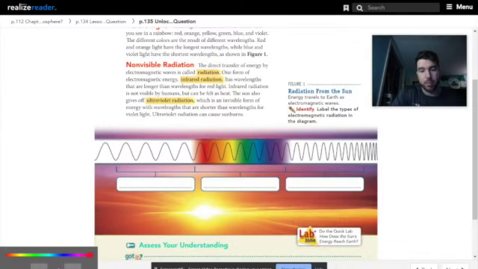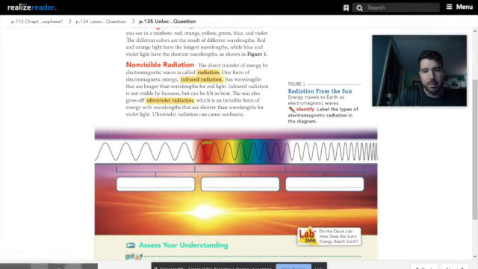We can see that the red light, and red's probably not the greatest color to use on that, we can see that the red visible light has longer wavelengths than purple visible light. So the colors in the rainbow are forms of visible radiation, but there are other forms of non-visible radiation.